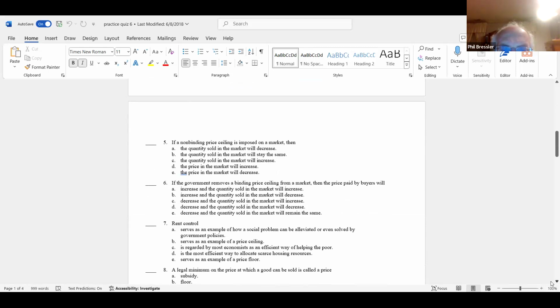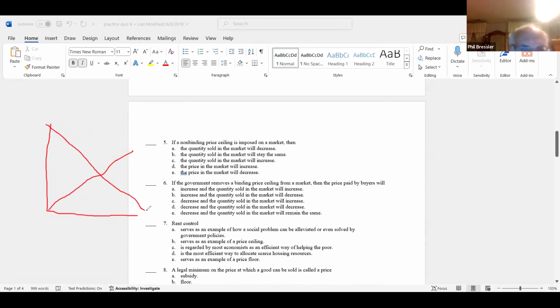If government removes a binding ceiling. Okay, I think the best way is to draw it. We had a binding ceiling. All right. The first thing is, if you remove the binding ceiling, you're going to go to equilibrium. The price is going to go up.